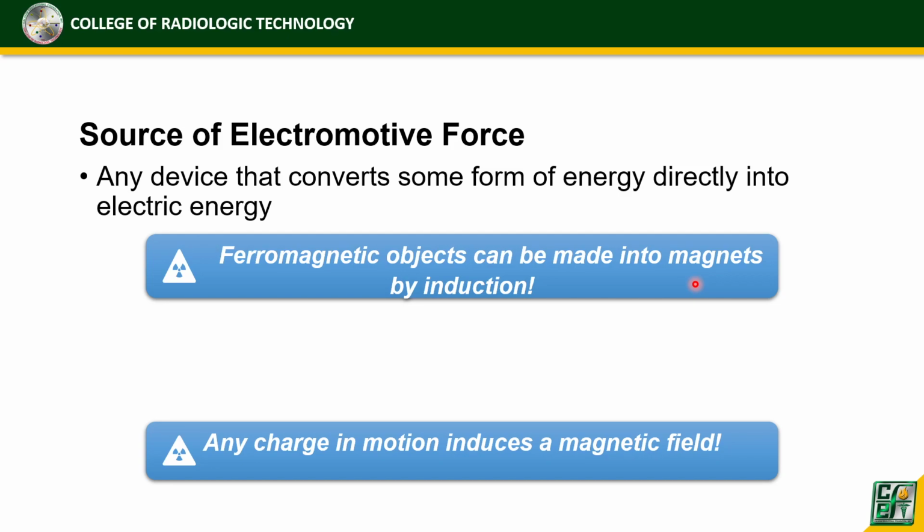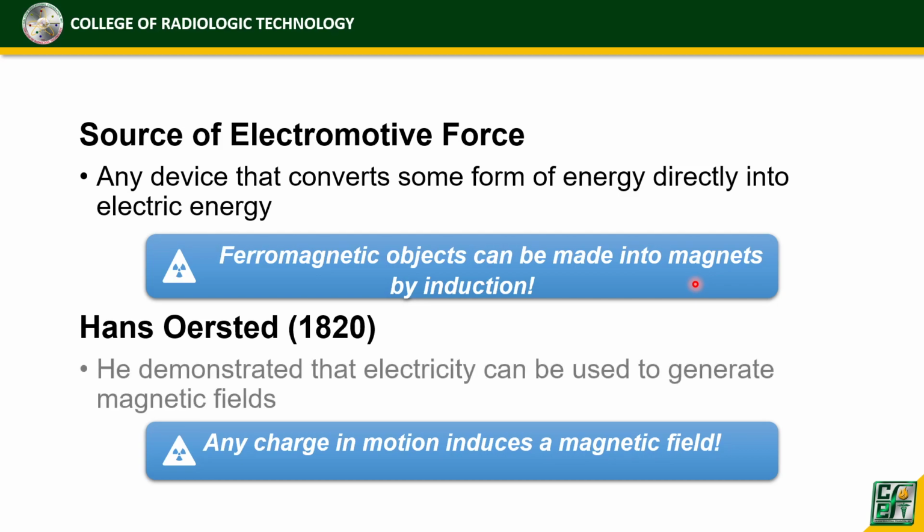Ferromagnetic objects can be made into magnets by induction. So na-explain na natin yan kanina. Then, Hans Ørsted, ano ang kanyang kinontribute? He demonstrated that electricity can be used to generate magnetic fields.